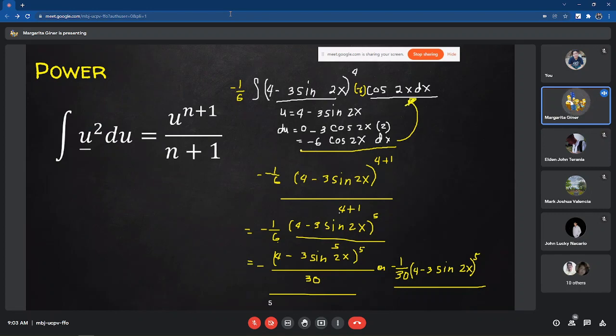Amo na siyang purpose nga gina-solve naton ang derivative niya. Kaya we need to meet the requirements of your formula. Nga hambal sang formula mo, dapat ang value sang u mo pag ang du mo diri nag-match. So, since sa equation naton, we have 4 minus 3 sine 2x, that is the value of u, di ba?